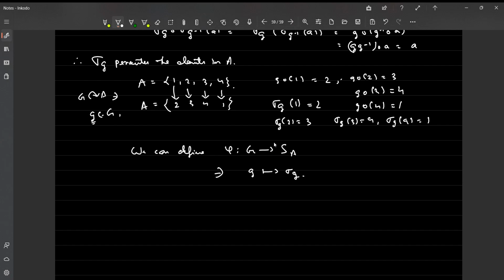Clear? Now sigma is necessarily a homomorphism, because if you consider phi of G1 G2, this is nothing but sigma G1 G2.